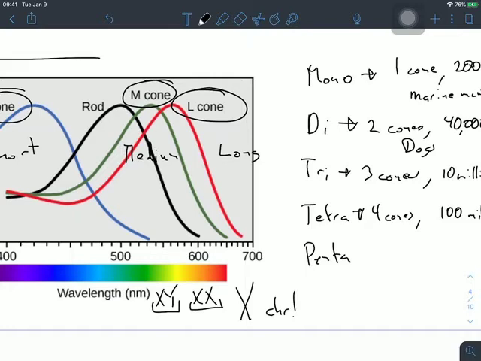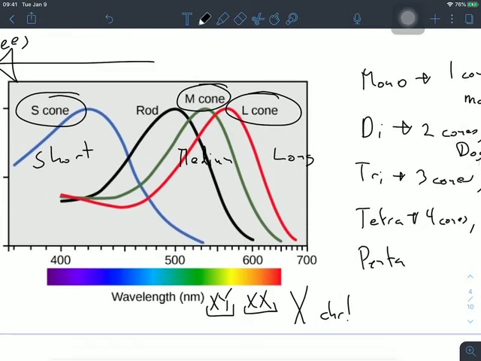Now, it is possible for some females to have different alleles of the L type cone. And if you have two different alleles of the L type cone, you not only have S, M, and L, but you have L1 and L2 type cones.